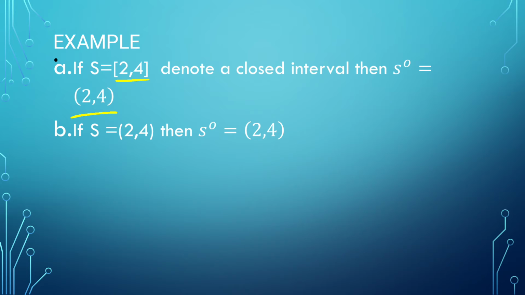If you take any point in this interval, you'll find it is in S. 2 is in S and 4 is in S, and the points are inside there. Again, if S is the open interval (2, 4), you'll find it is the same thing. So the interior set will be given by the open set (2, 4).